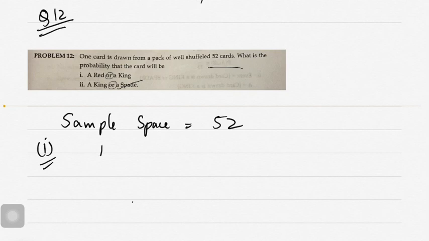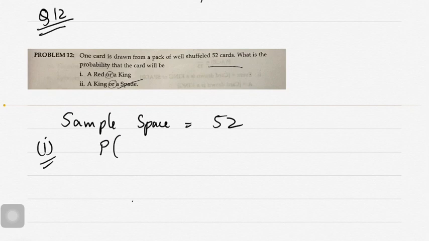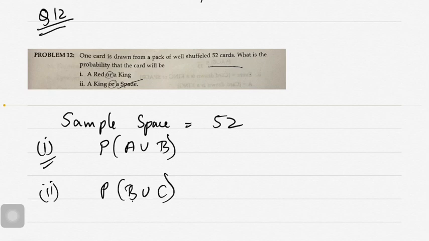So if I am naming the card is red as A and card is a king as B, then probability of A union B is asked in the first question, and in second part of the question probability of B union C is asked. Correct? A card can be a red card or a king, and card can be a king or a spade.